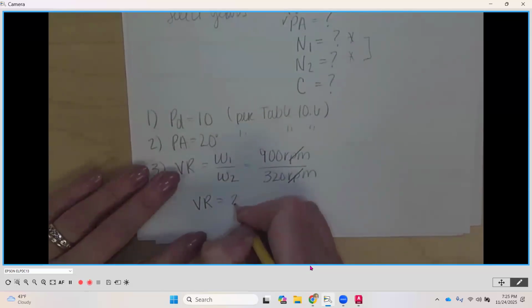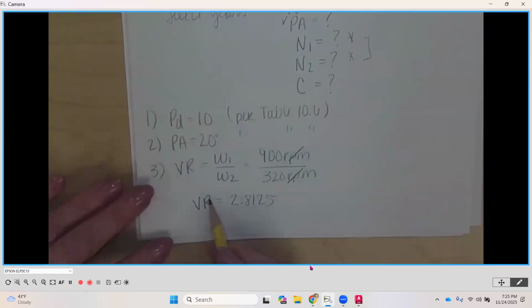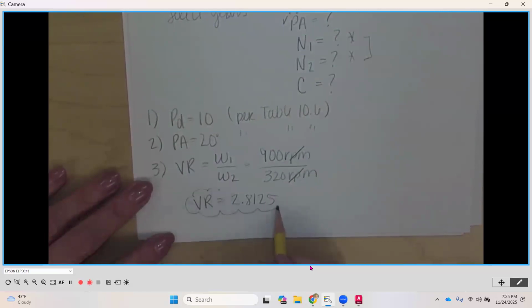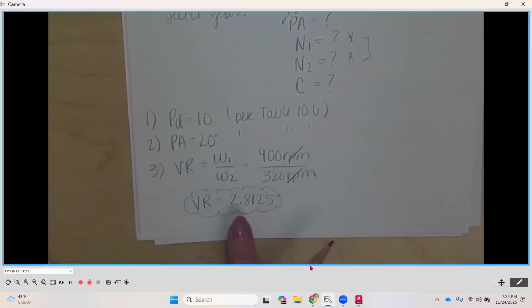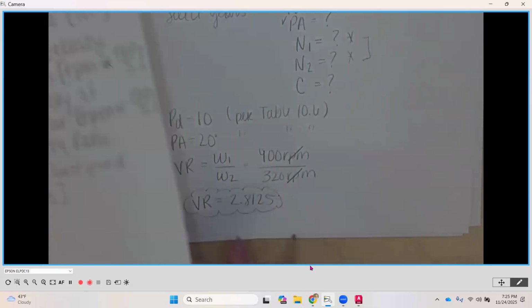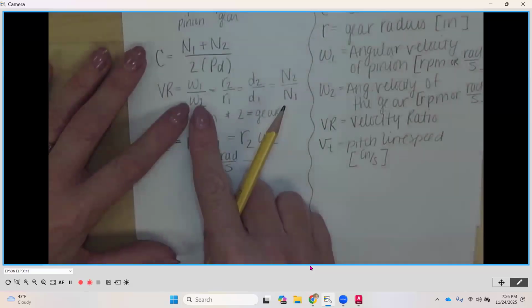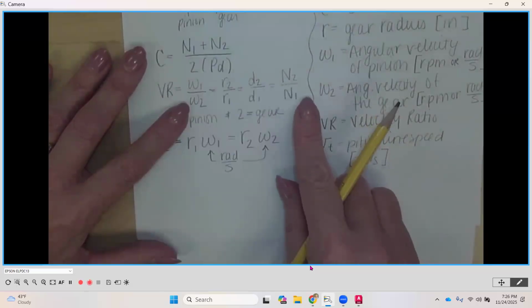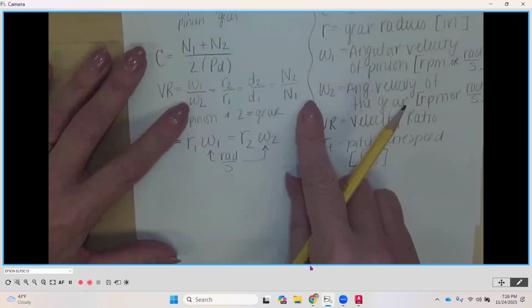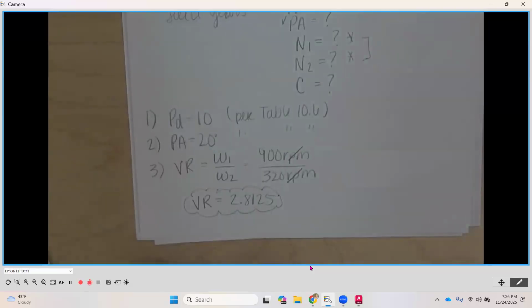Okay, so 2.8125 is going to be our velocity ratio. Now, if we look back at the equations we have for velocity ratio, not only can we calculate using our angular velocities, but we can set that velocity ratio equal to N2 over N1.